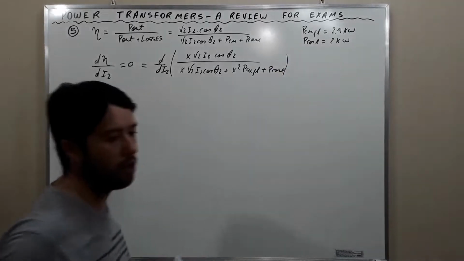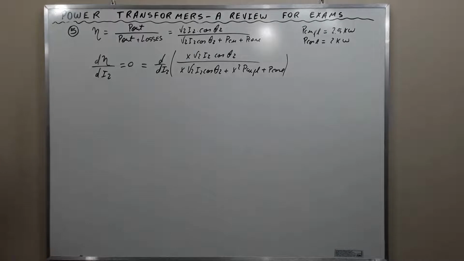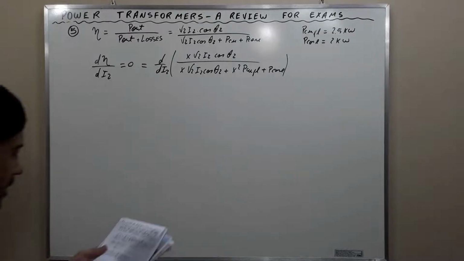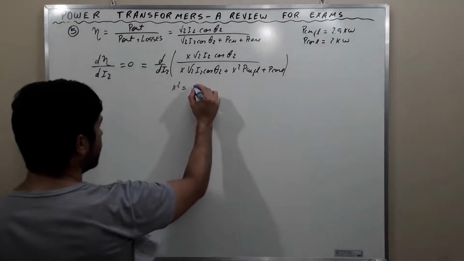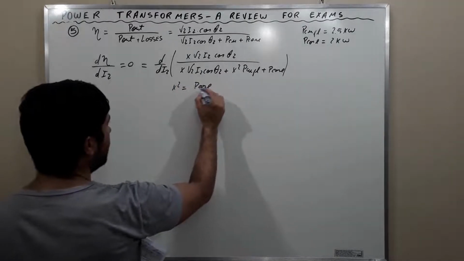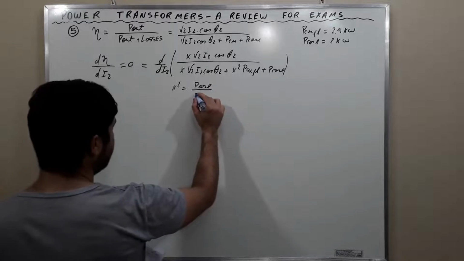The core losses are somewhat fixed. Okay, and when we take the derivative, we discover that x squared is equal to P core over P Cu full load.